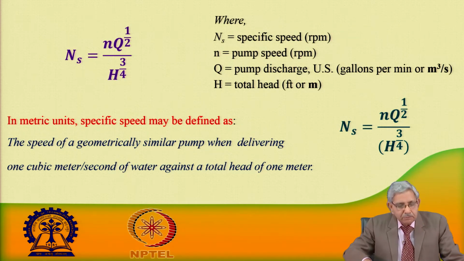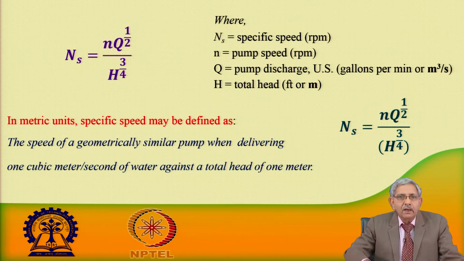Specific speed can be related as the speed of the pump into the square root of discharge Q, divided by total head to the power 3/4. Now, this same relationship exists whether in the FPS system or in metric units.